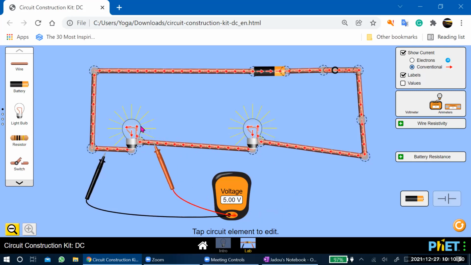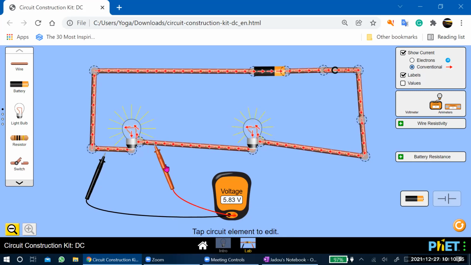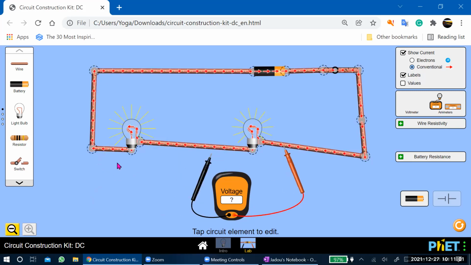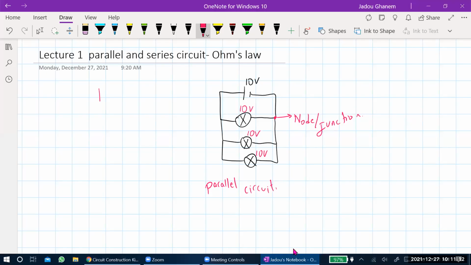But this is not the rule. The rule says that if the characteristics of these two lamps are different, then one of the lamps will take some of the voltage, the other lamp will take the remaining value, but the sum of these is the total. So, as a summary for this part, this is a series connection, where this is V1 and this is V2, and the main voltage is V. So V will be equal to V1 plus V2.